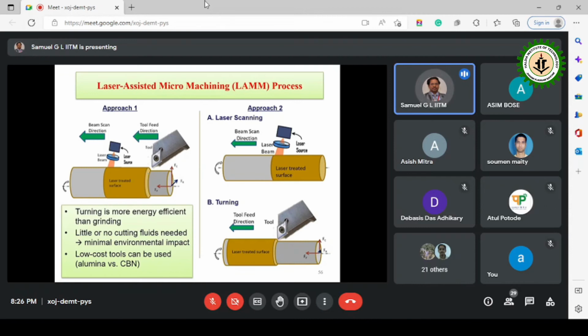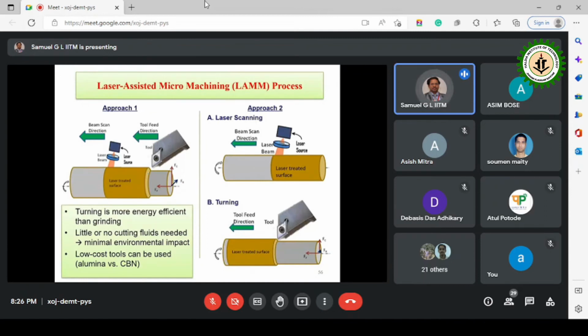This kind of machining is required when you are machining what are called difficult to machine materials, or hard materials. When the BHN is above 50 and all, it is very difficult to machine with the conventional processes.